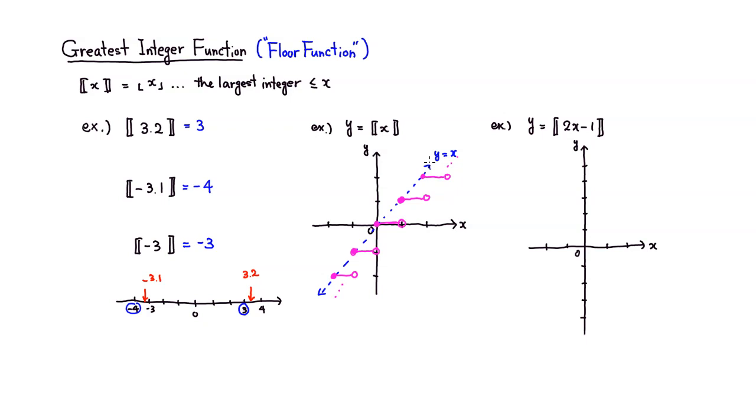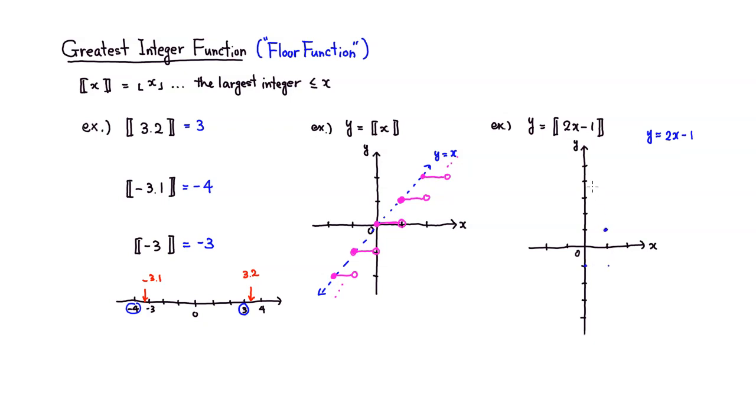All right. So what if you want to do the greatest integer function of 2x minus 1? Let's use the same approach. Let's try to sketch the graph of y equals 2x minus 1. You just have a straight line. Slope-intercept: the y-intercept is -1, so it's going to go through there. And the slope is 2, so you go 1 unit and go up 2 units.